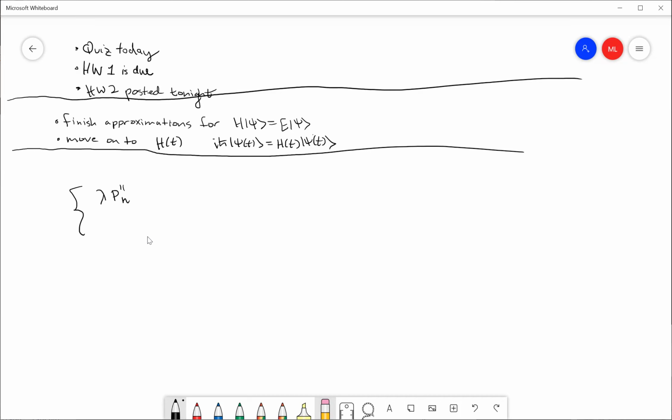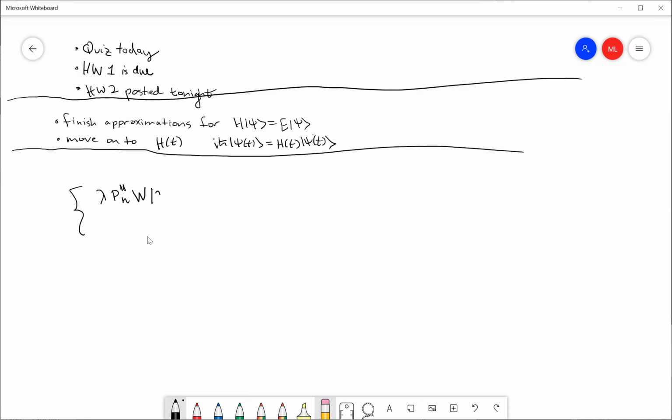This is a projection operator. The nth eigenvalue is degenerate, and the projection operator here projects you into that degenerate subspace.